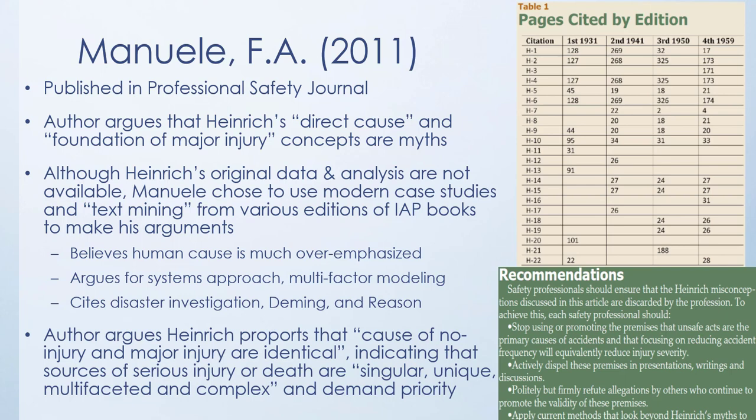So he criticizes Heinrich's direct cause, which was the 88-10-2, and the foundation of major injury, the 1-29-300. We had just spoken about that not 120 seconds ago.